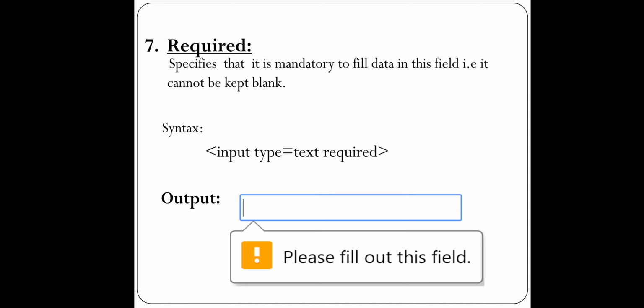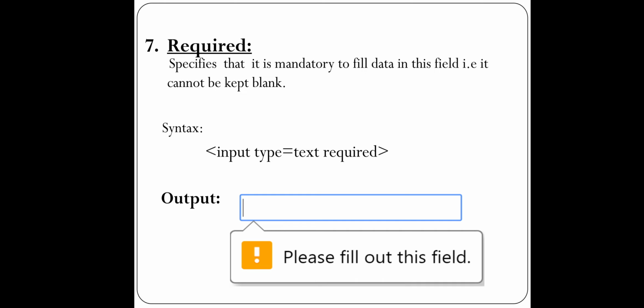Next, the seventh attribute is required. Now in some cases, when some inputs are mandatory to be filled by the user, means in a form there can be one or two elements which the user cannot keep blank while submitting the form.